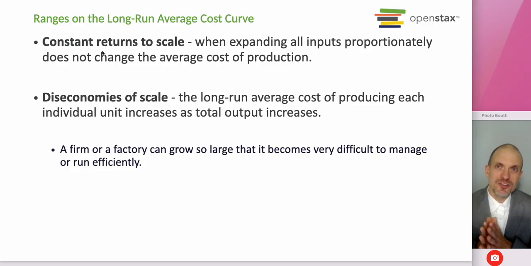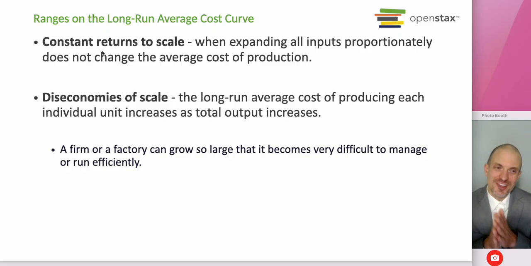There's economies of scale where as I increase the volume of output, average costs fall. Constant returns to scale is where I'm at the level of inputs and level of output where my average costs are not changing.